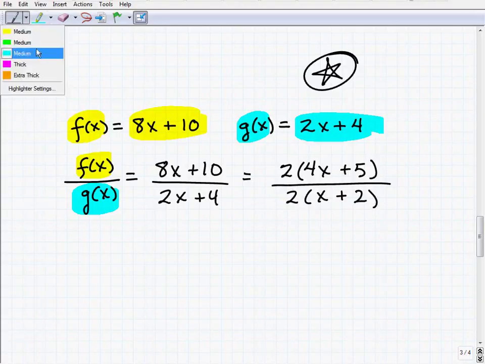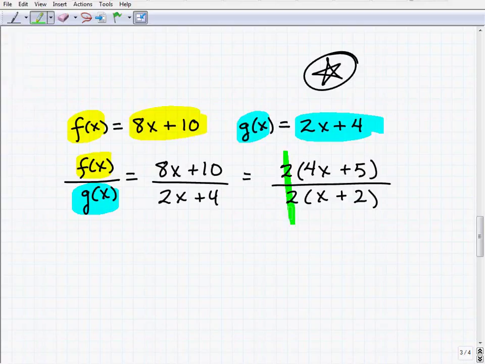Now you can cross-cancel these two. That's allowable because this is multiplication. This is addition. You cannot cross-cancel with a term that's a sum or a difference. You can cross-cancel factors, which have to do with the multiplication operator, not an addition situation.